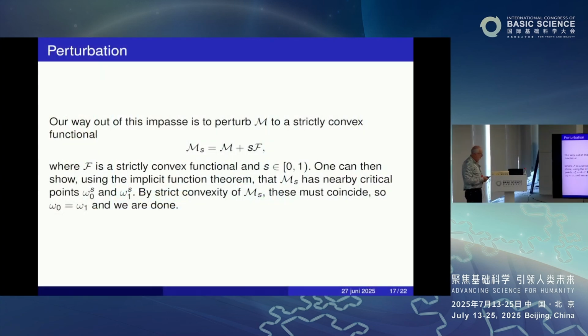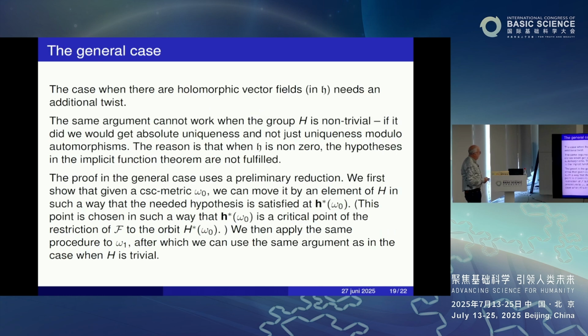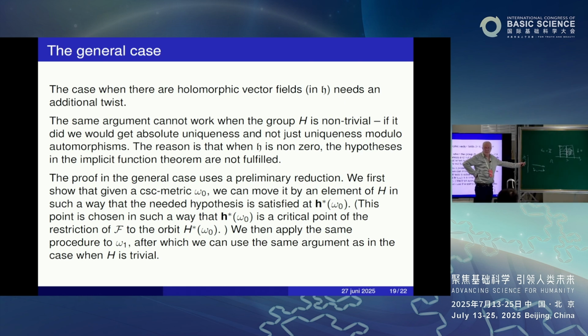In the general case, it cannot really work because then you only have uniqueness up to holomorphic vector fields. So I will skip that. Now, let's just say a few words about the general case then. You need an additional twist when you do have holomorphic vector fields. And the reason is that then the implicit function theorem does not apply anymore.